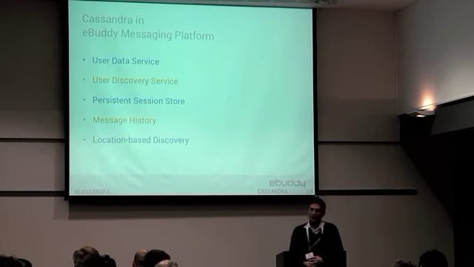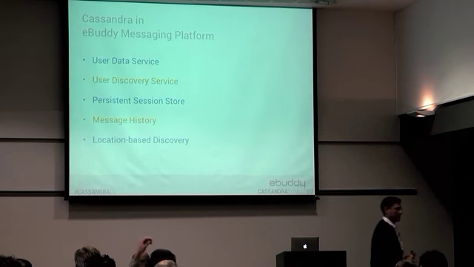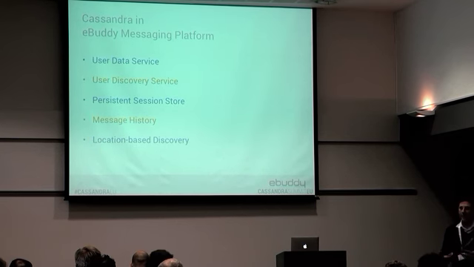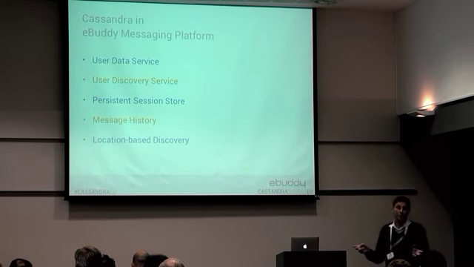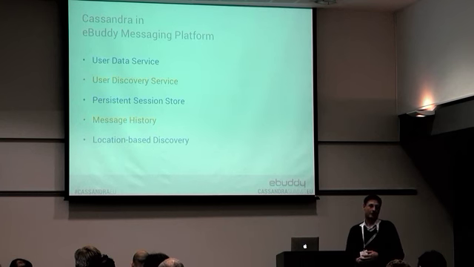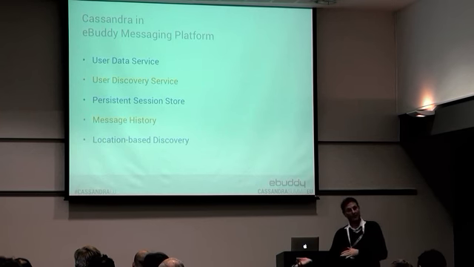And we also use it for location-based discovery so that you can find other XMS contacts that are nearby. We do that through geo-hashing. When that feature is enabled, we store locations in Cassandra, and then we use that for looking up other users based on location.